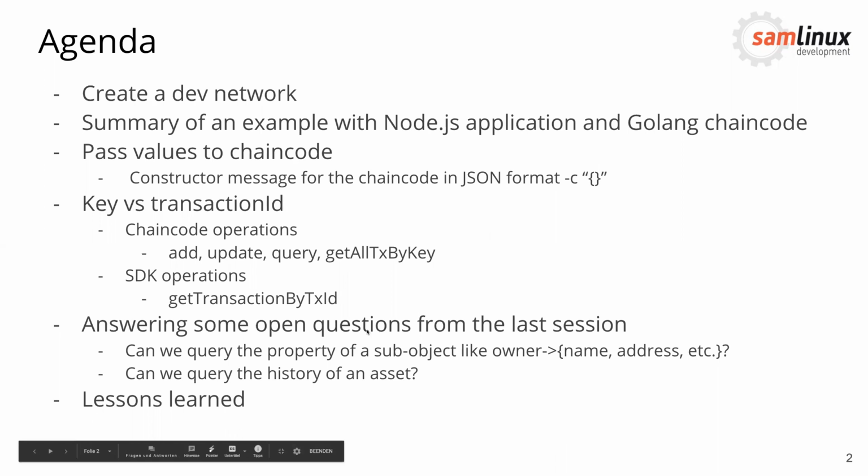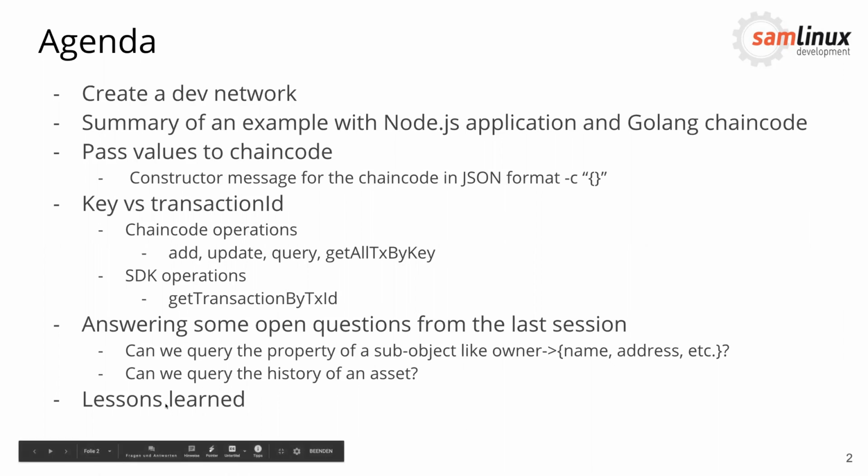And as I mentioned in the last session, there were two questions, both related to the CouchDB example: how we can query sub-objects like the owner, the name of the owner, the address, or something like this. I have included this in the example, and also the history, so that's the part where we can query the history of an asset.